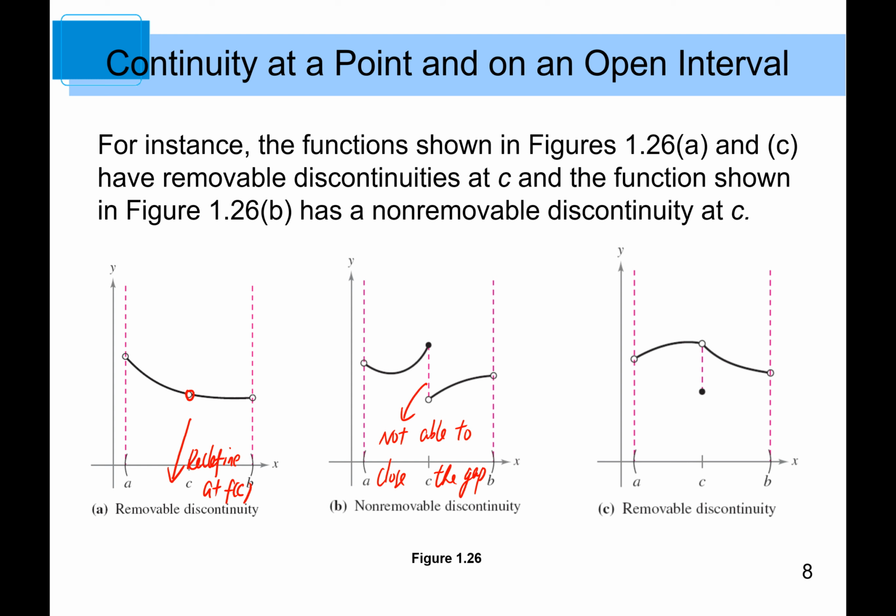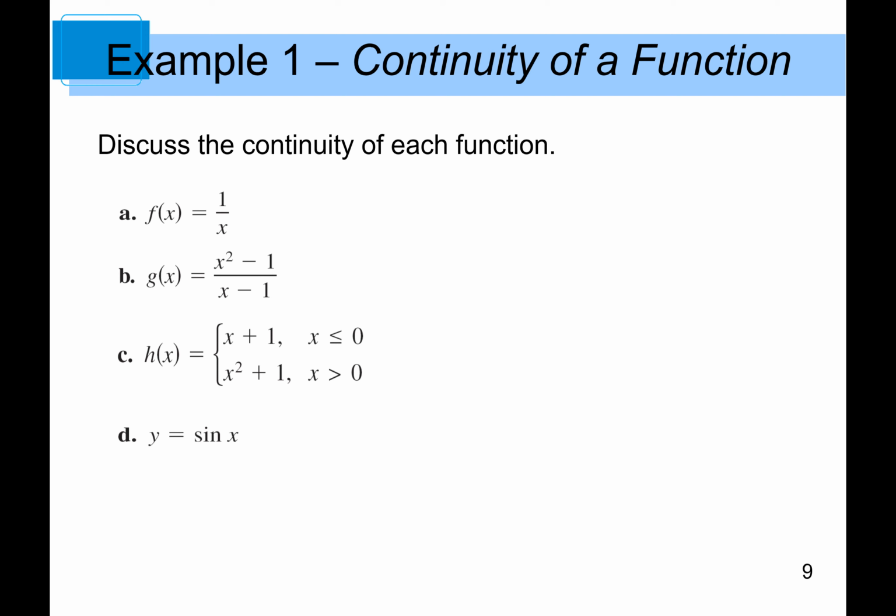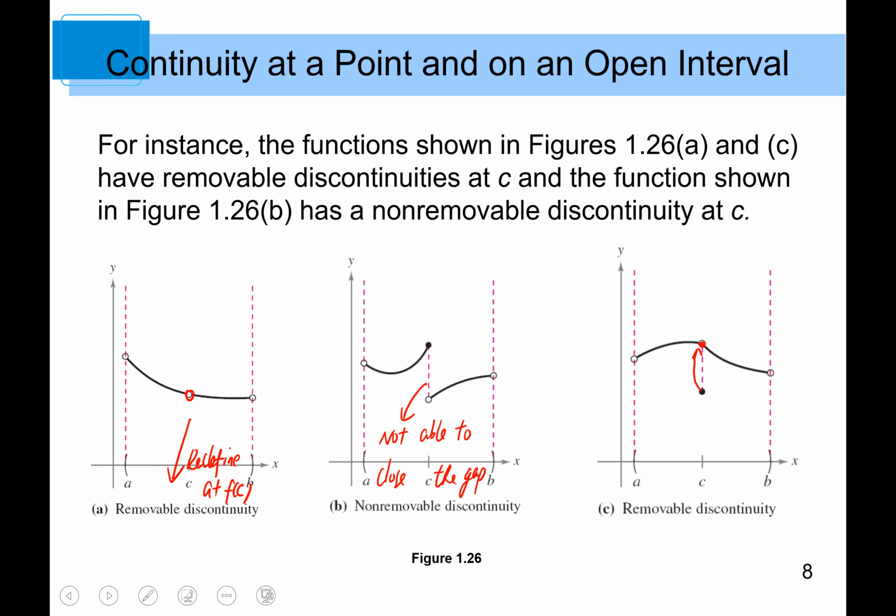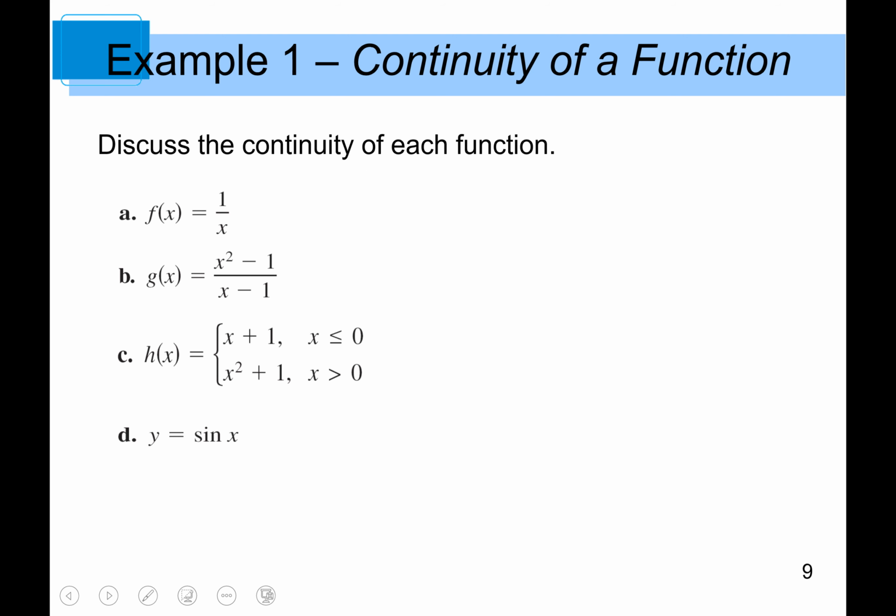The third one is a removable discontinuity, because we can remove this point and fill the hole, right? So in that case, we redefine the point. Okay. So those are three popular discontinuities with different treatment.